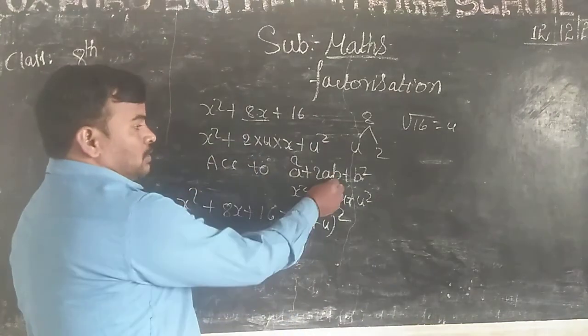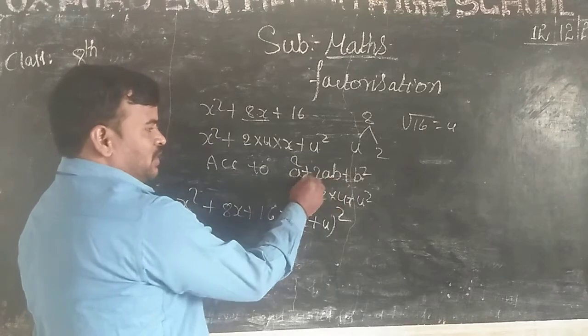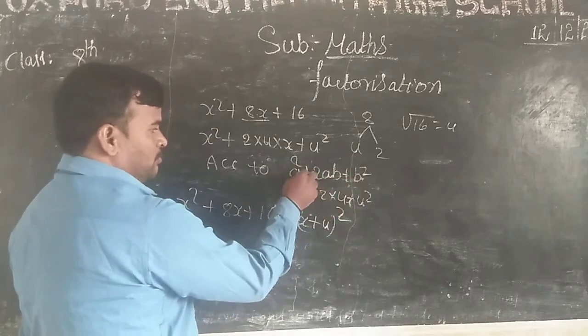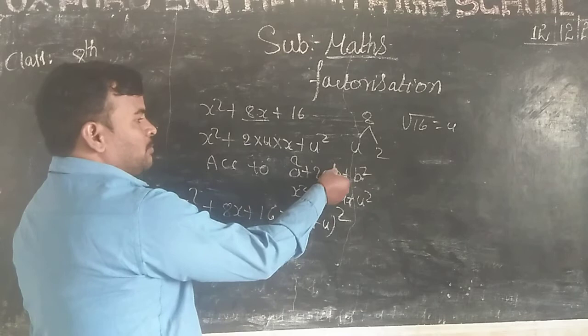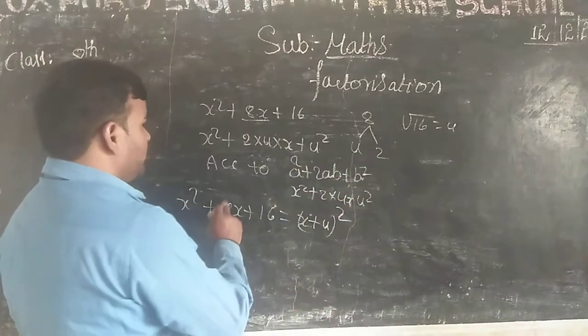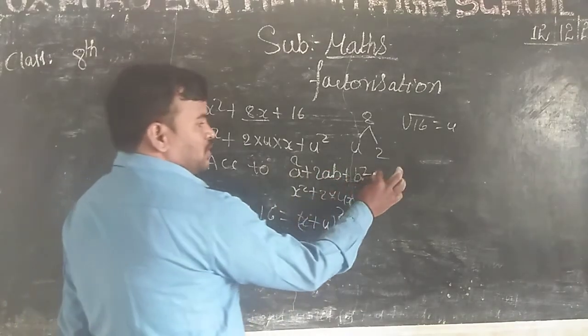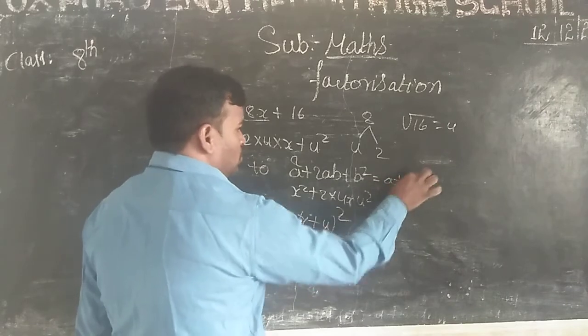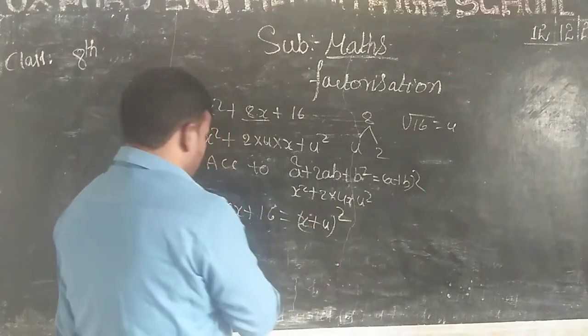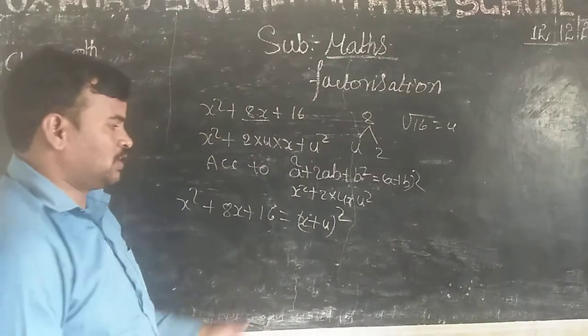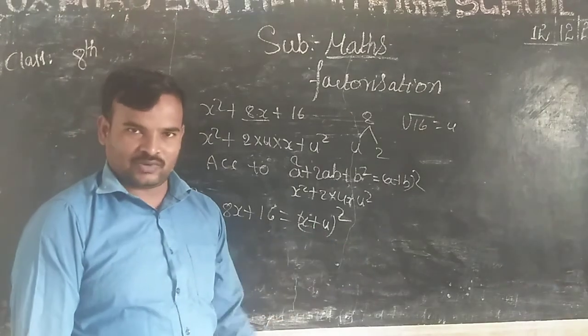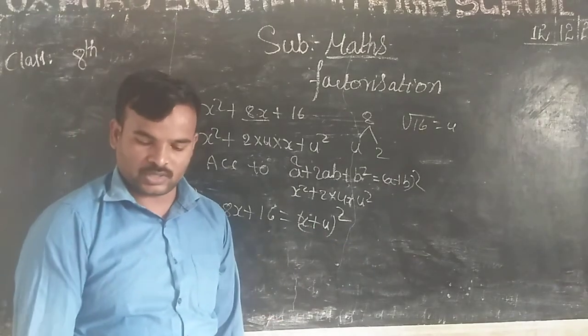Then you apply the suitable identity, a square plus 2ab plus b square, where a is x and b is 4. So a square plus 2ab plus b square is equal to a plus b whole square. According to this identity, x square plus 8x plus 16 is equal to x plus 4 whole square. Understand? Okay.